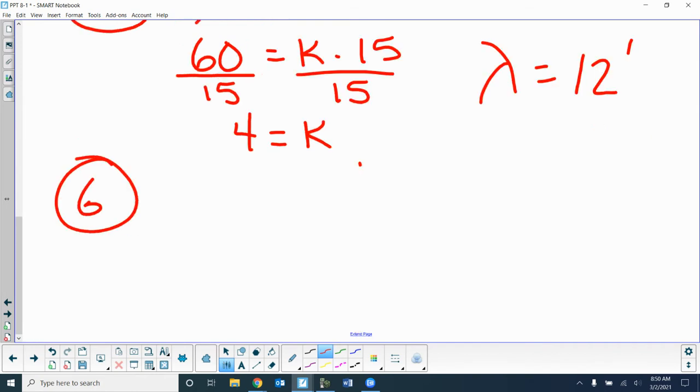Number 6, the dollar amount D that Julia earns varies directly. So dollar amount D varies directly. Again, when I see the word varies, I put the K in as the number of hours T that she works. Okay? It says D equals $116.25 when T is 15.